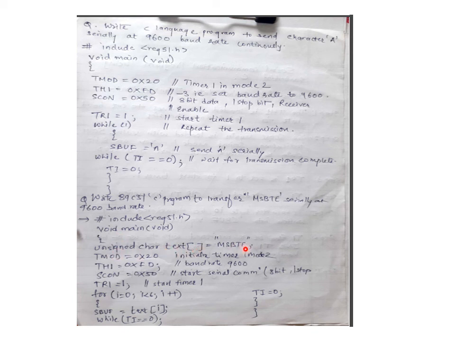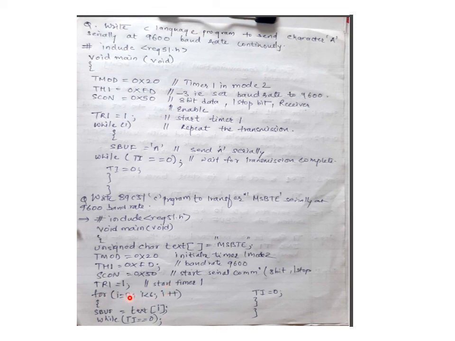So in text we have to send this MSBTE. Then TMOD 0x20, timer 1 mode 2, TH1 is equal to 0xFD, baud rate 9600, SCON 0x50, start serial communication. Then TR1 is equal to 1, start timer.